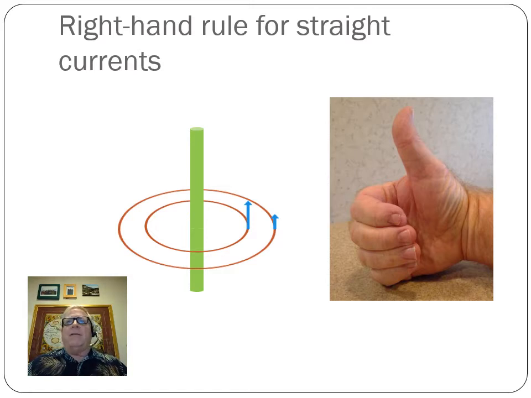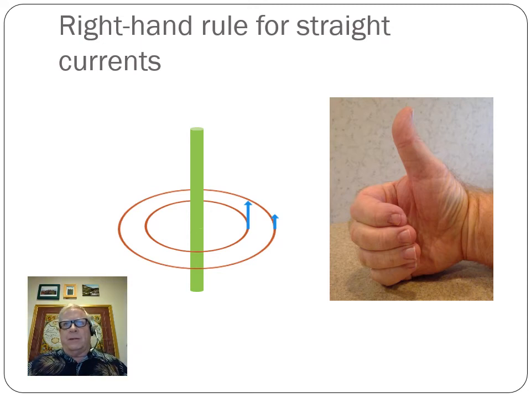So if you were to graph magnetic field lines, remember lines of a field show the direction of the field at any given point. What you'd end up with is concentric circles, showing the direction of the field tangent to those circles at any given point. The way to remember the direction of the magnetic field, if your current is going up, then as you see in the picture here, the magnetic field lines would curl around the current carrying wire.